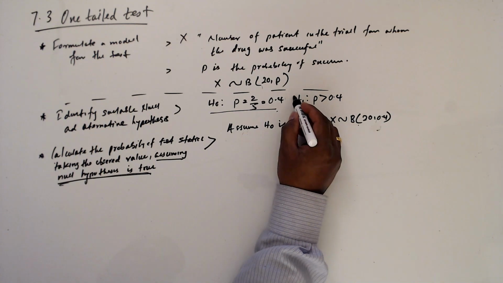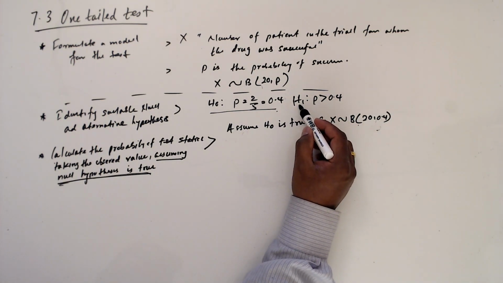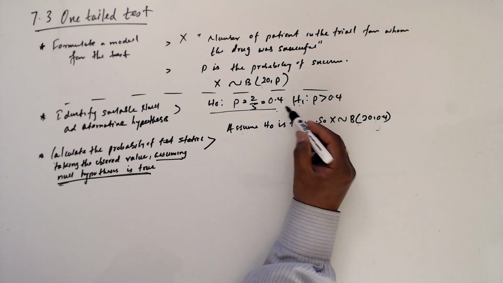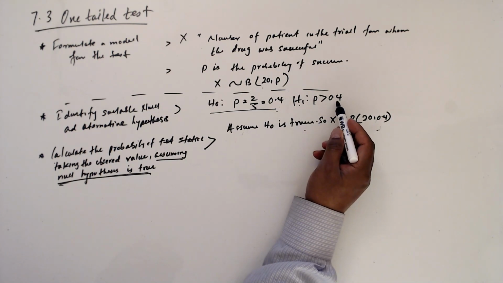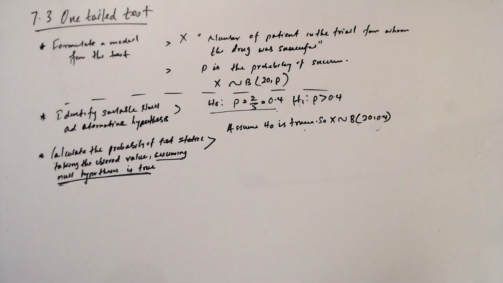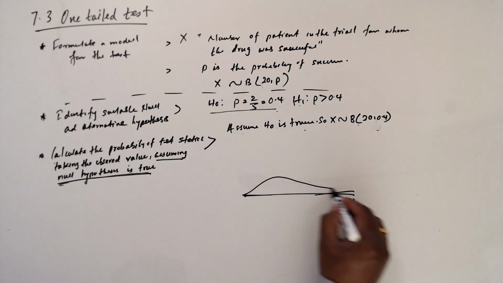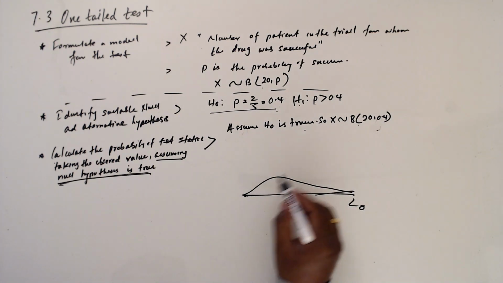But the alternative is telling us no, it can't be 0.4; it has to be more than that. So the 0.4 probability for 20 behaves differently when it's more than that.